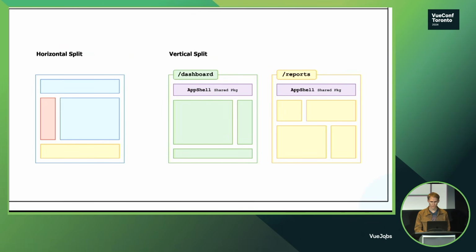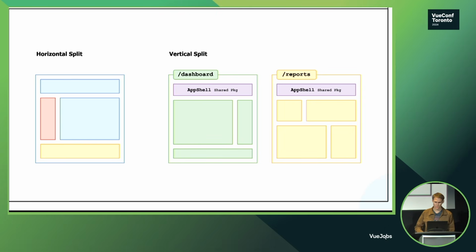So what we've seen in the tractor store example and with Spotify is a horizontally split micro-frontend architecture where multiple apps are running within a single page. But another approach when building micro-frontends would be to use a vertically split pattern, where apps are divided by a URL path or domain.